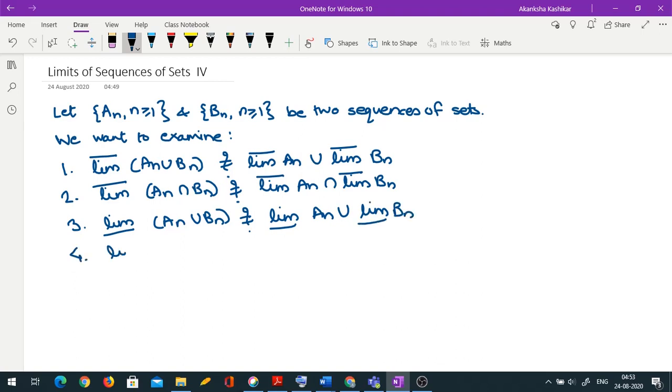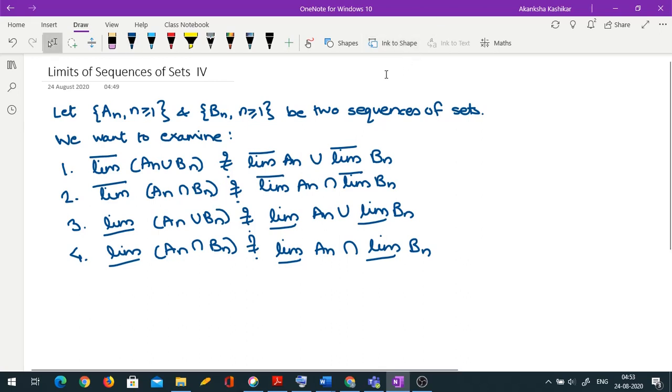And the fourth one is whether lim inf of An intersection Bn is equal to lim inf of An intersection lim inf of Bn. So we want to check which of these four results are true.